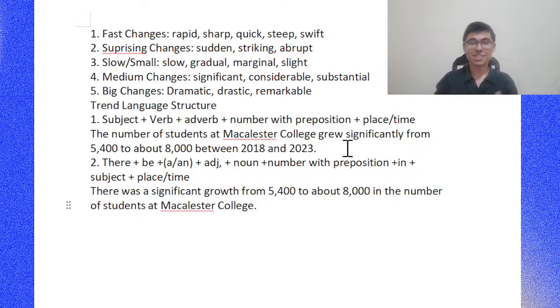This is the second type because here we have there was a significant growth from, and we are turning the verb grow to a noun growth. So now let's move on to the third structure that you can use.